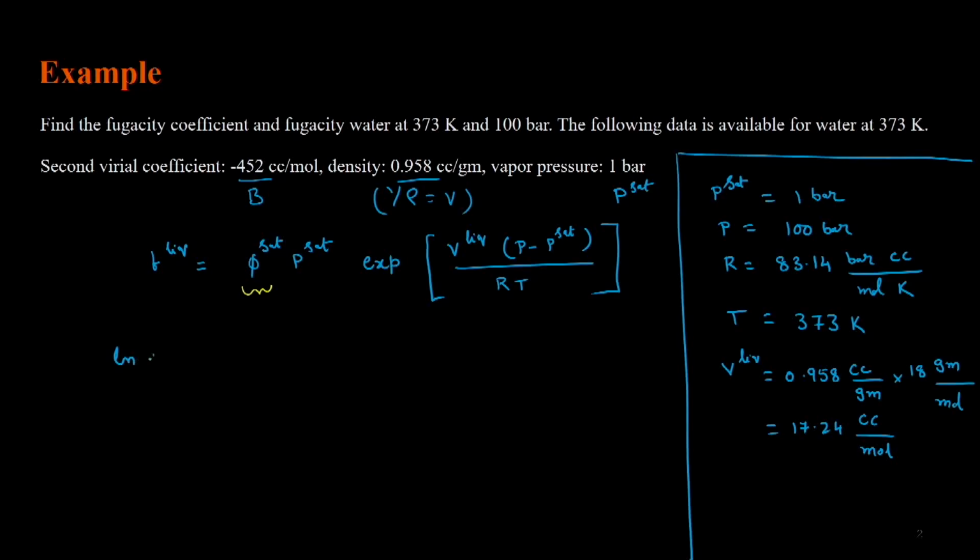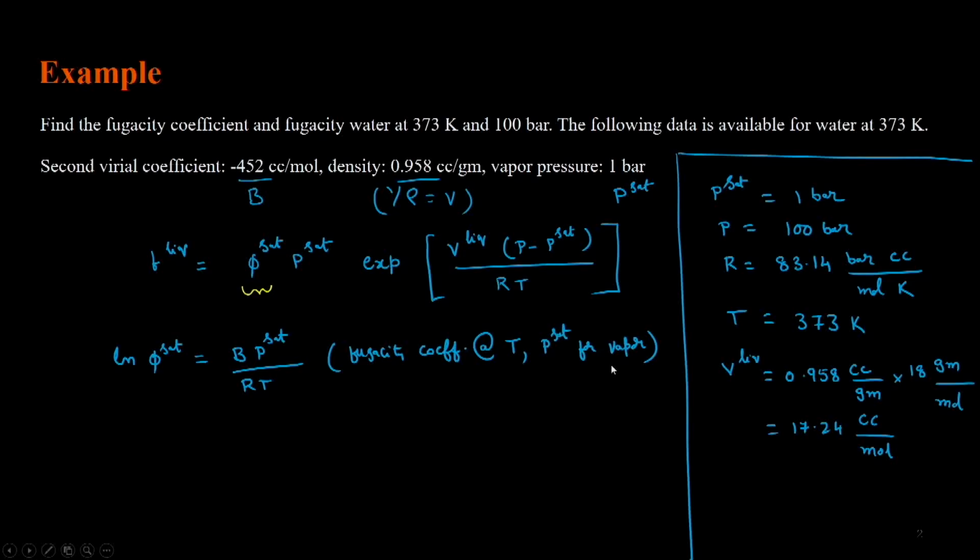So ln phi for a pure species, if you recall, is BP over RT, and because we are at the saturation condition, I will use P sat. This will be the fugacity coefficient at T and P sat for vapor. And once we calculate it for vapor, it's of course going to be the same for the liquid as well. But this is how we're going to calculate the fugacity coefficient at the saturation condition.